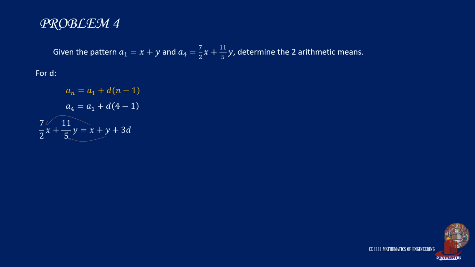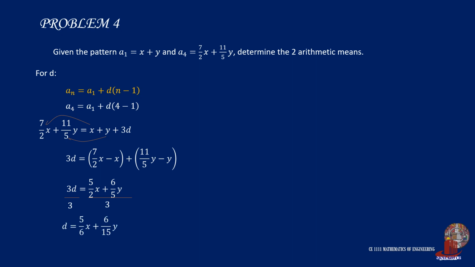Move the x and y to the other side and isolate 3d as 7/2 of x minus x plus 11/5 of y minus y. Simplify the terms and get 3d as 5/2 of x and 6/5 of y. Again, divide everything by 3 to get d as 5/6 of x and 6/15 of y, which can be reduced to 5/6 of x plus 2/5 of y.